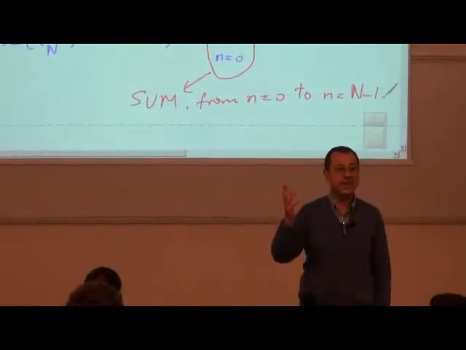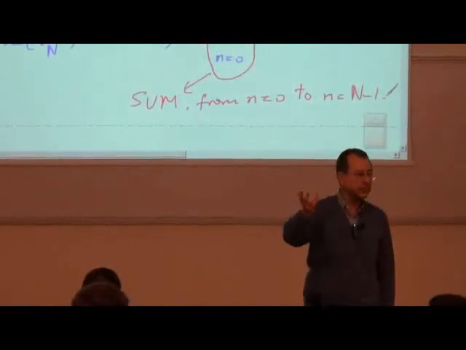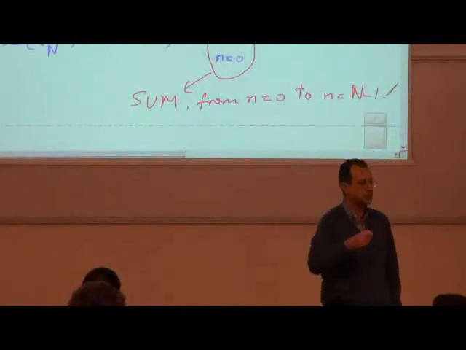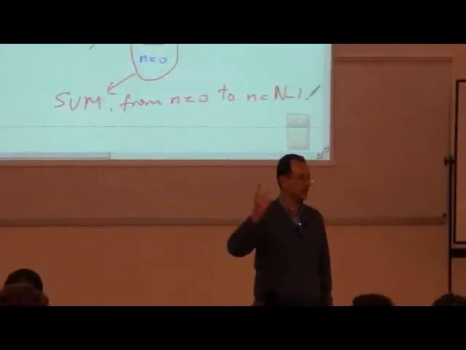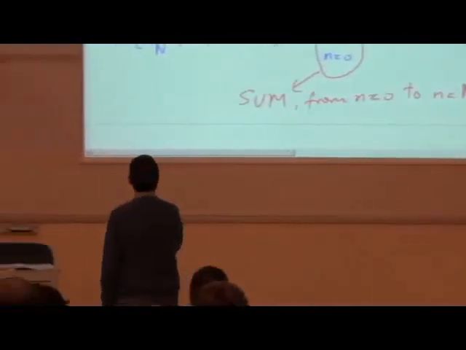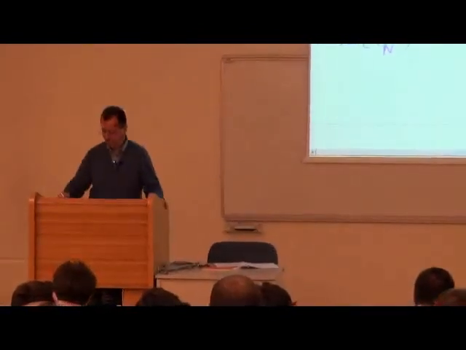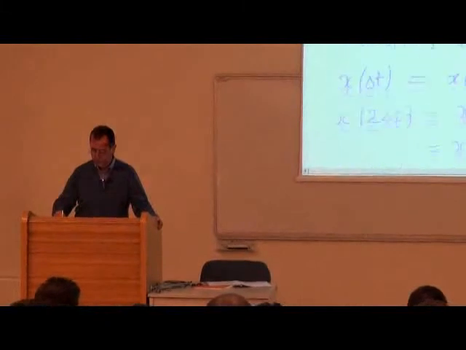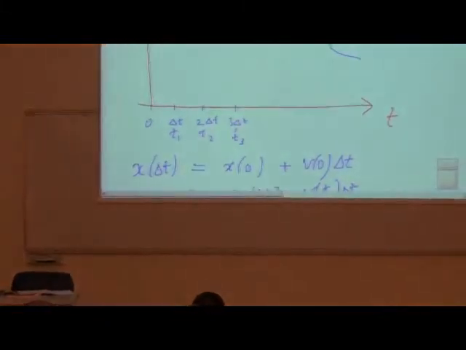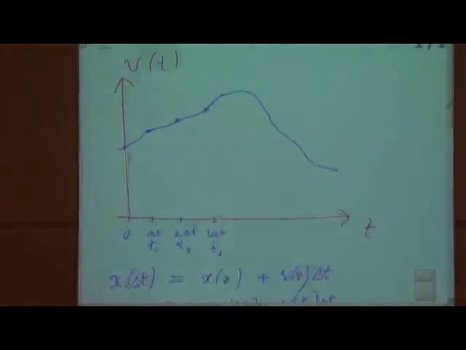It's equal to x0, that was my original position, plus v0 delta t, plus v1 delta t, plus v2 delta t, plus v3 delta t, plus v4 delta t. That's it. I don't have v5 because v4 was the last measurement until I got to the 5th position. Okay?